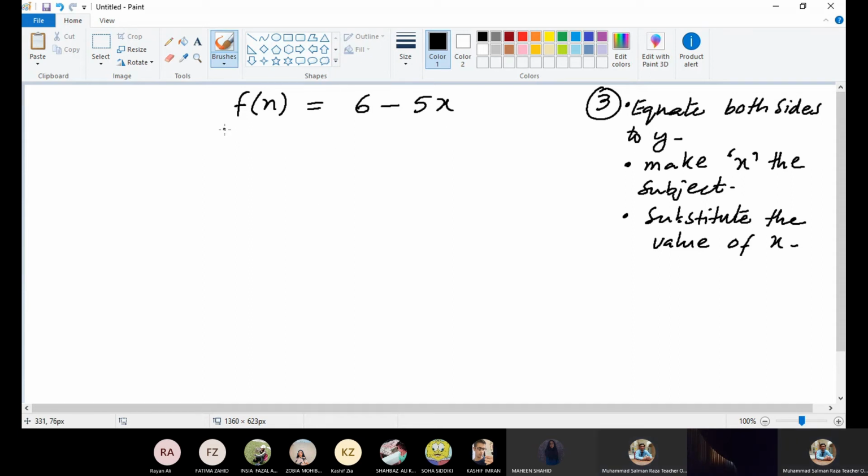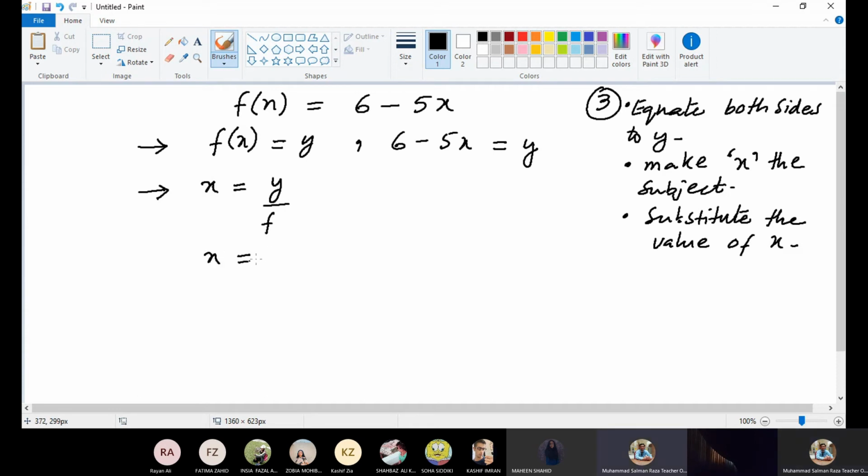So the very first step says equate both sides to y. So I am going to equate f of x by y and 6 minus 5x by y as well. And now this is the first step. The second step is to make x the subject. So if I'm going to make this x the subject, you can see that f is multiplying over here. When it goes over here, it becomes like this.